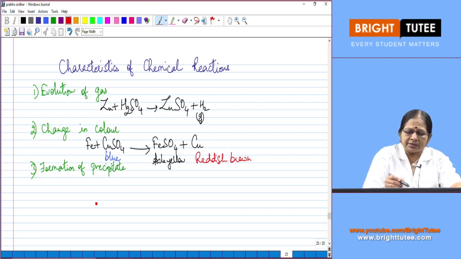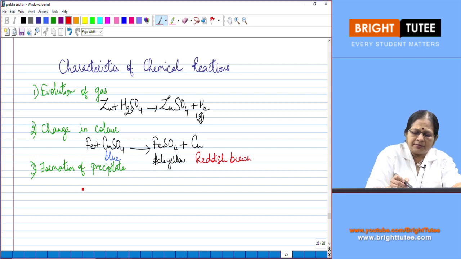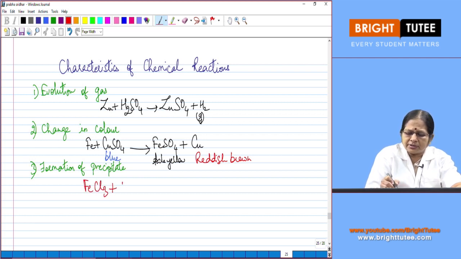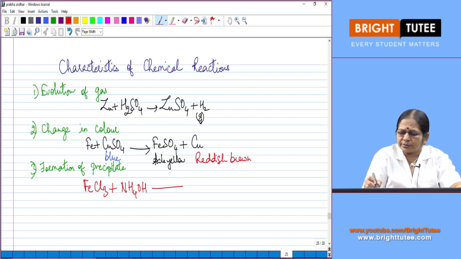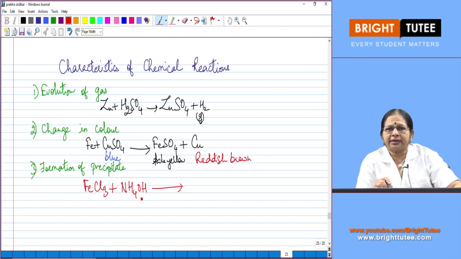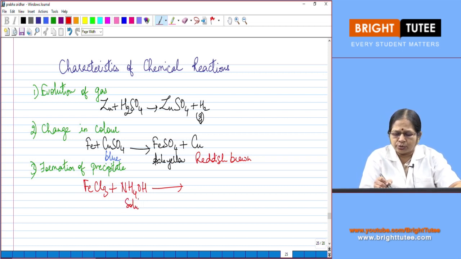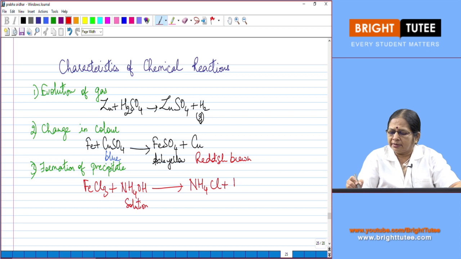Formation of precipitate. Now formation of precipitate is when we pick up ferric chloride, and to this we take ammonium hydroxide solution. Ferric chloride is the reactant, and ammonium hydroxide solution is added to it. It will react to form ammonium chloride and ferric hydroxide.